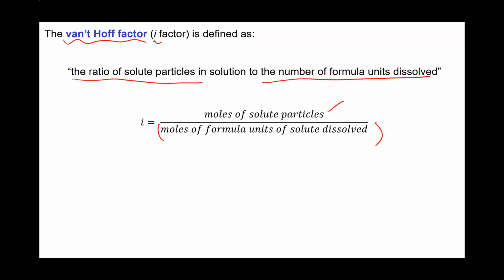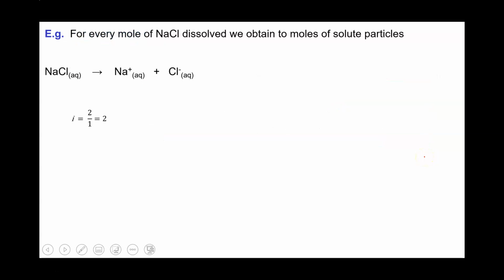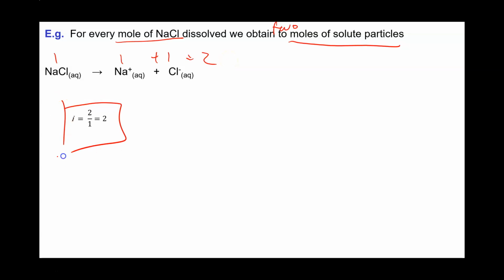And in that previous example for sodium chloride, that was going to be 2 to 1. Okay, so for every mole of sodium chloride dissolved, you get 2 moles of solute particles, right? One of those plus one of those equals 2 total. So the Van't Hoff factor is just going to be 2 on 1, or 2.